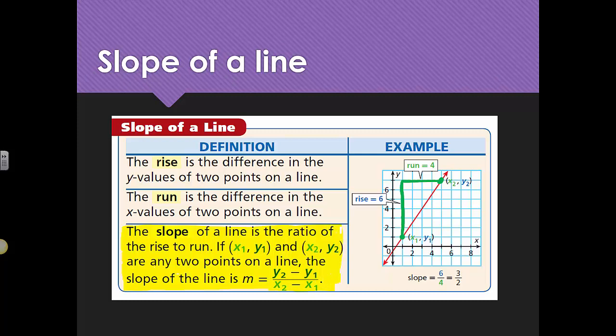So here is a very important box, and it has the formula for how you can compute the slope if you're given 2 points.